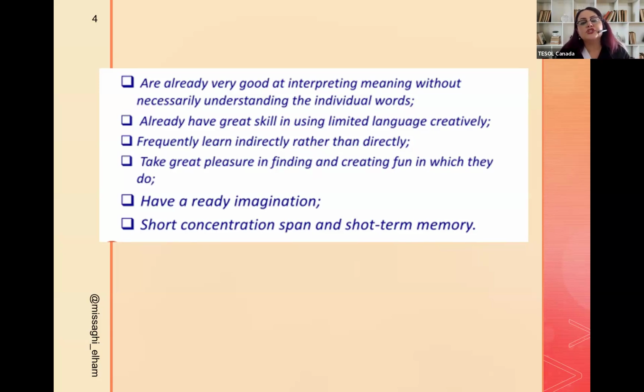If you want to teach children simple present tense, you show them some pictures and you say, this is David. He goes to school every day. And this one is his sister, Mary. She goes to work every day. This one is his father, James.